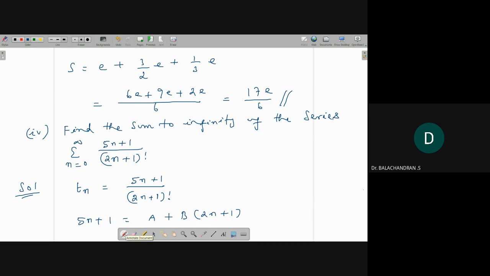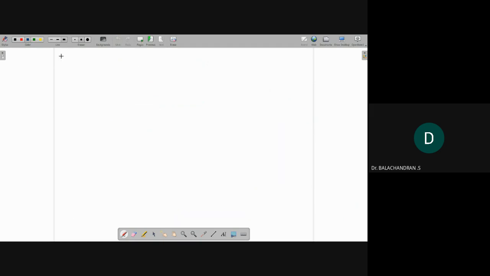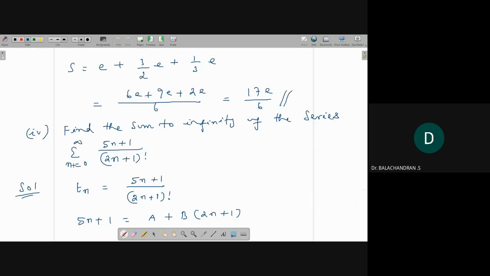The reason is, if you write the numerator like this, the numerator is linear, so a plus b into the denominator. Suppose you compare the constant term, that is 1 equal to a plus b.